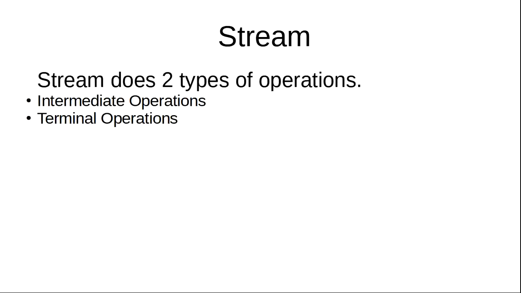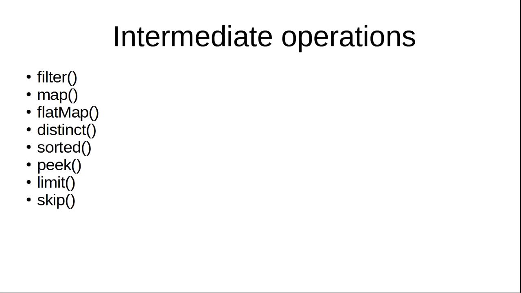As I said, we have two types of operations, intermediate and terminal. Intermediate operations include filter, map, flatMap, distinct, sorted, peek, limit, skip. There are a number of intermediate operations, and all of them simply return one more stream. This is very important.